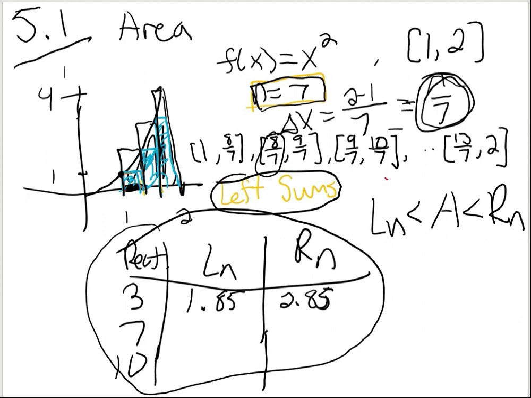So if we took a limit as n goes to infinity of Ln and Rn, and they were equal, we would know what the true area is. And that was because of the squeeze theorem. So that's sort of where we're heading, this whole taking of limits of the rectangles.